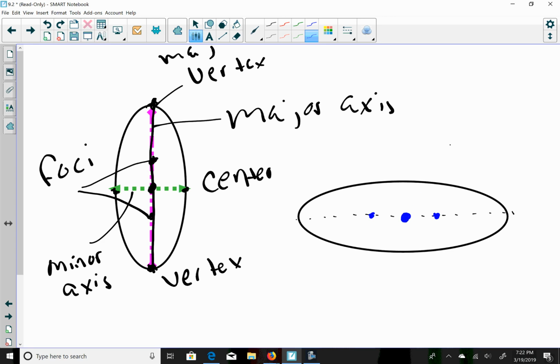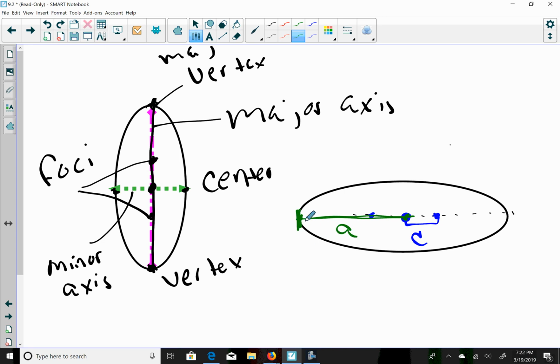The distance between my center and either one of these foci is going to be the letter c. The distance between my center and the major vertex is going to be the letter a.